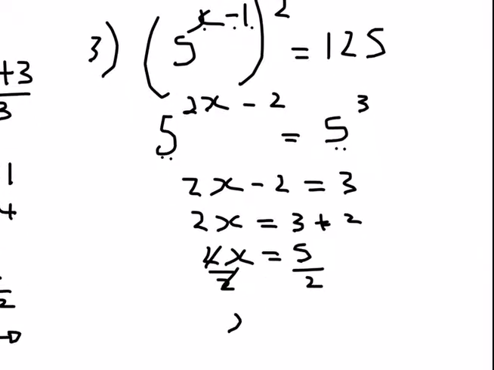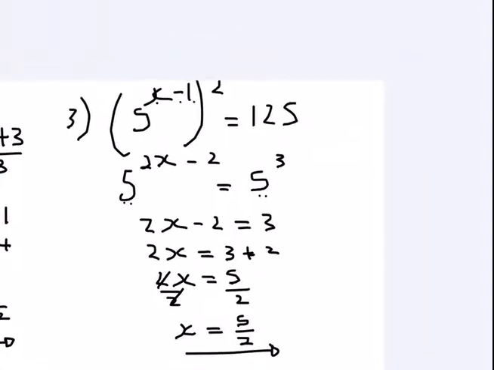Remember, the main aim is for you to finally say a letter equals a number, and that should be the end of it. And quickly just double check. Yes, then you've got the exponents being equated, and then you solve. That goes to the other side, becomes 5, and you divide by that, so it cancels, and that should be the end of it.